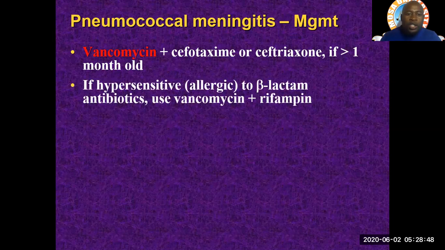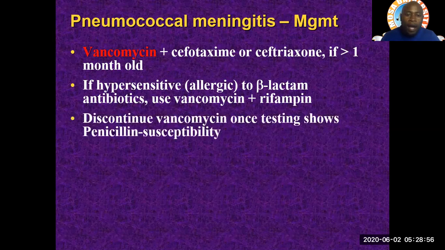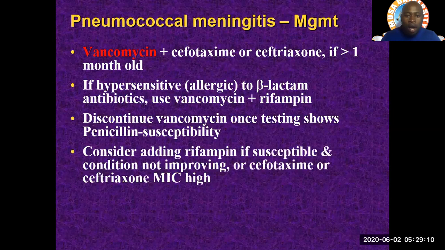If the patient is allergic to beta-lactam antibiotics, we use vancomycin and rifampin alone. The only time we would discontinue vancomycin is when penicillin susceptibility has been shown in these patients. At that time, we can withdraw vancomycin and continue with penicillins.